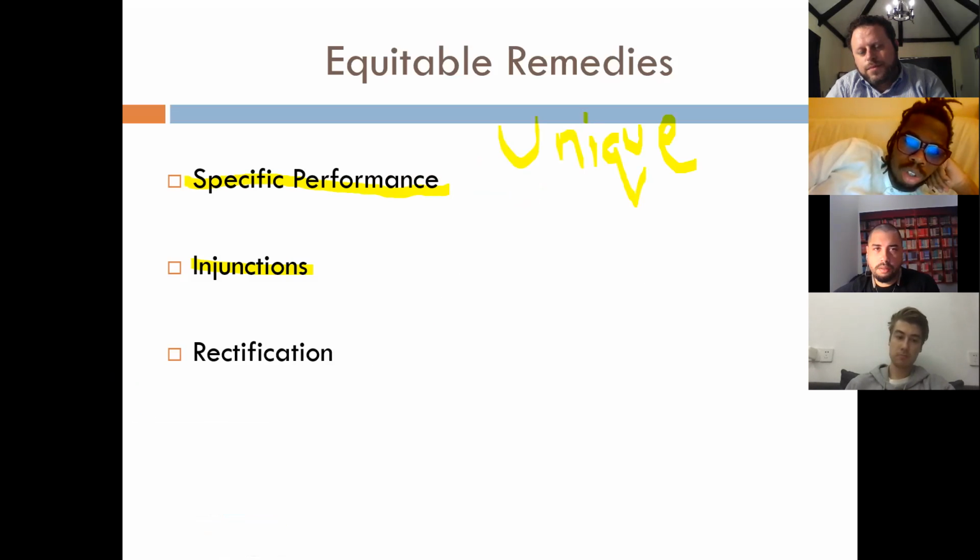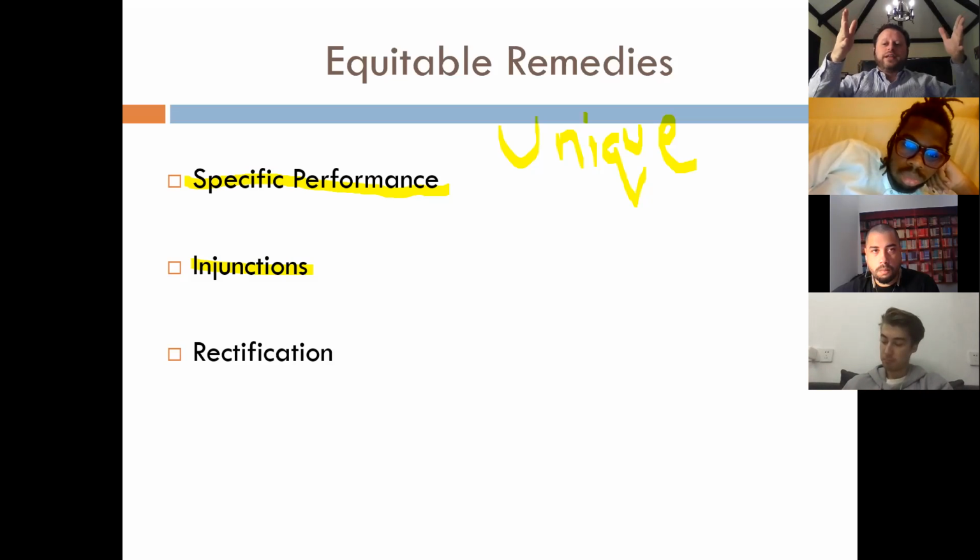A painting. A song. Sure, maybe. Sure, songs, paintings. So if you make a contract for a painting, let's say Florian is a very famous painter, and I make a contract to give you $10,000 for this beautiful painting. And then you want to break the contract. You decide you don't want to sell it. If you give me damages, you give me money, can I go to the store and buy that painting?